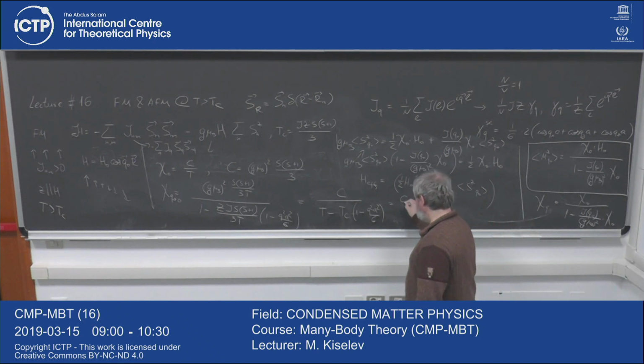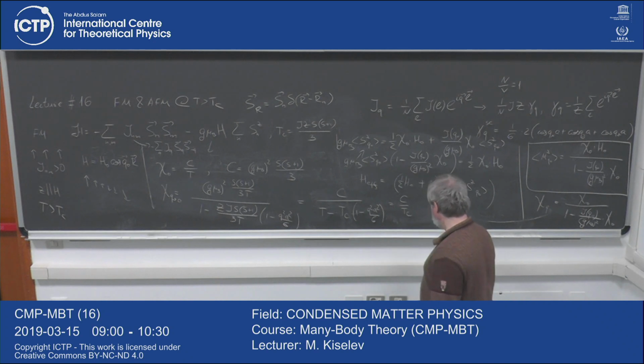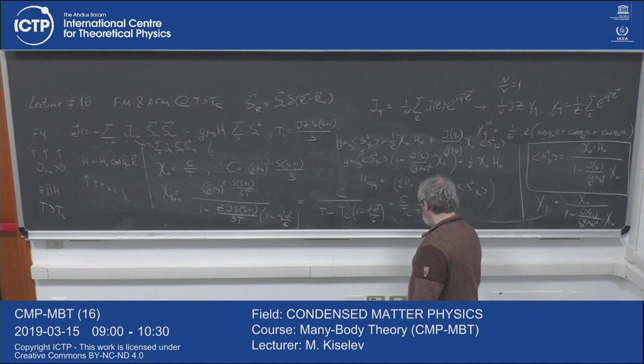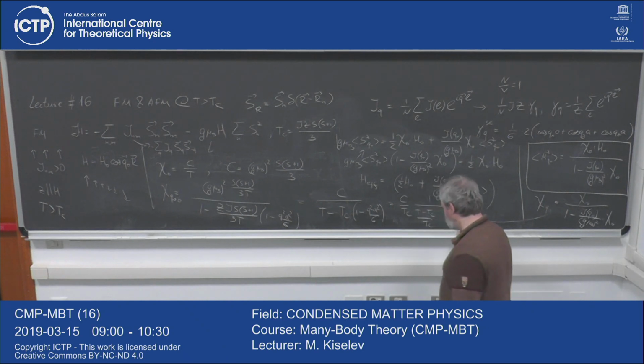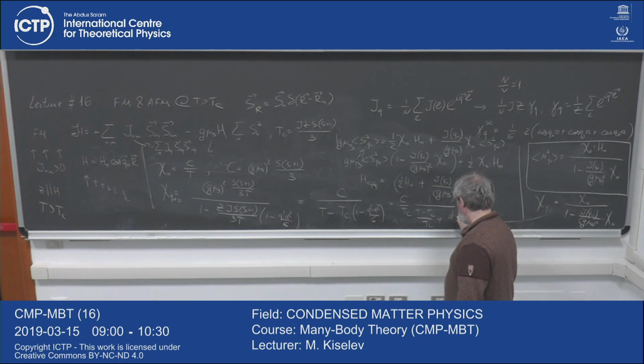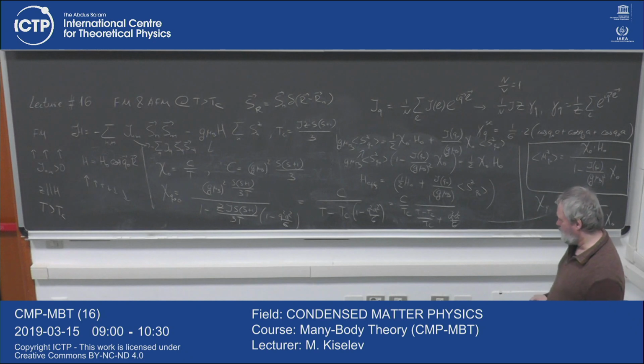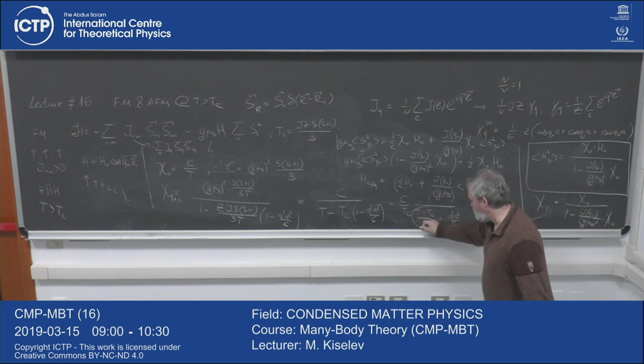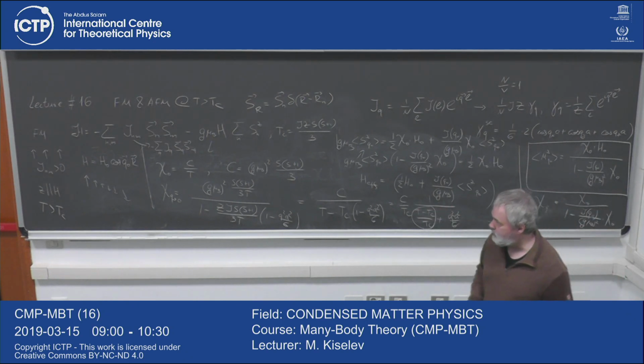So this is C over Tc, 1 divided by T minus Tc over Tc plus q square a square over 6. You remember that we denoted this quantity tau.